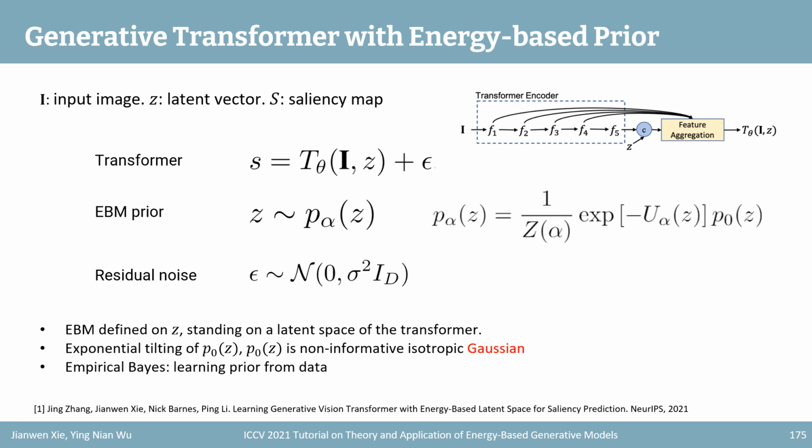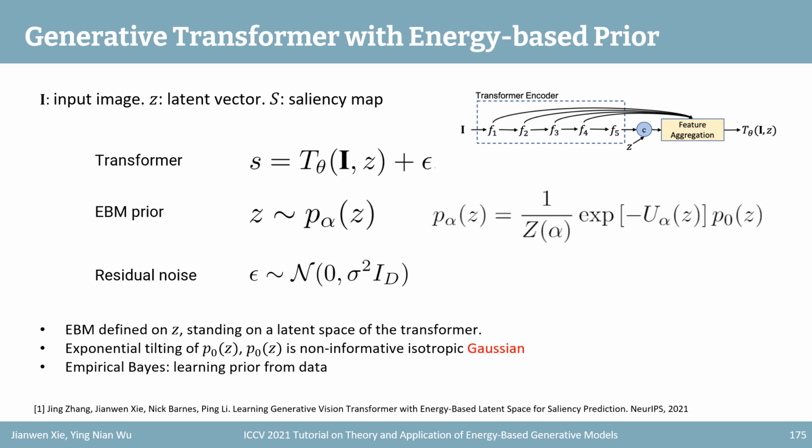For deterministic mapping, we just need to learn mapping from I to S. But for stochastic mapping, we want to model a distribution of P of S conditional on I. We need to add a noise or latent variable Z that follows a prior distribution for randomness.